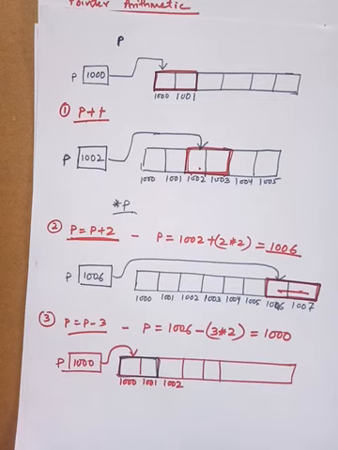Now you must remember, when we move a pointer somewhere else in memory by incrementing or decrementing, or by adding or subtracting integer values, it is not necessary that the pointer still points to a variable of the same data type or a valid memory location.